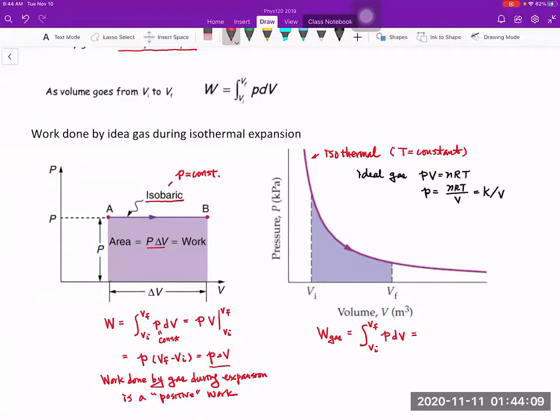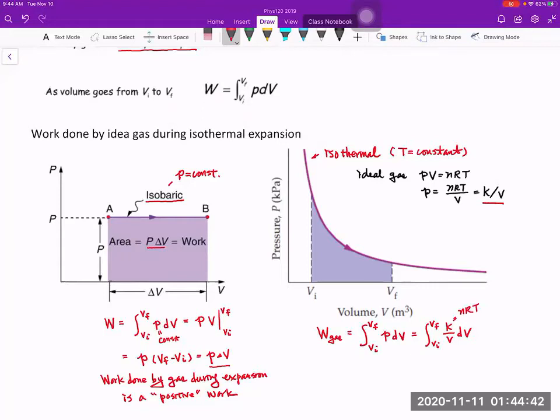The pressure actually depends on the volume, and how it depends on the volume is equal to this over here. So I can write this this way, then we integrate K over V dV, where K is simply a constant. K is equal to mRT.